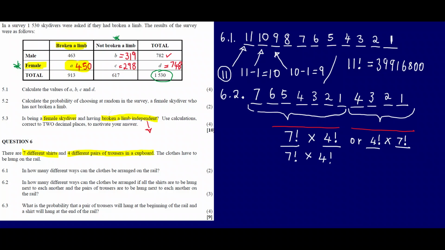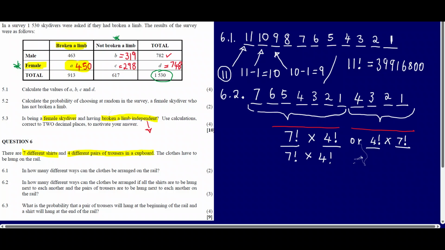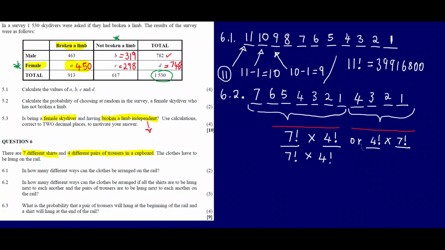So looking at this, this is 7 factorial times 4 factorial plus, the OR that is associated with the plus. So the OR, we can just say it's a plus. So if you look at this, plus 4 factorial times 7 factorial, right? So if we add the 2, we'll see that 7 factorial times 4 factorial plus 4 factorial times 7 factorial.